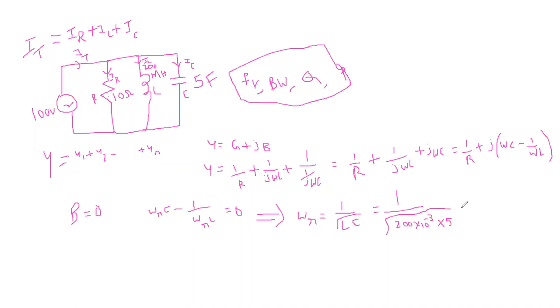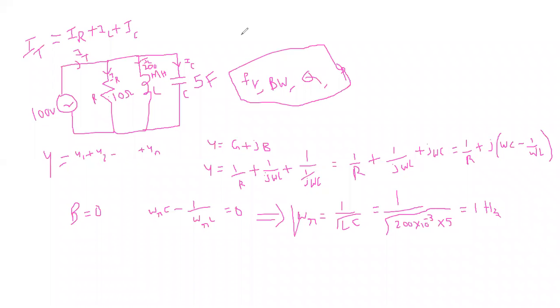So what is the resonant frequency here? Omega R value is 1 Hz. So this is the angular resonant frequency. Omega R value equals 1 Hz. This is the first question.